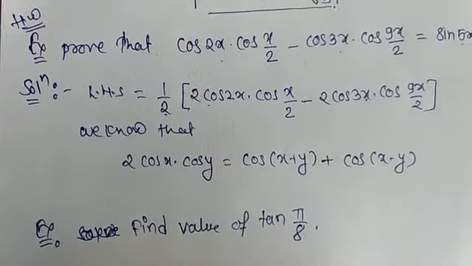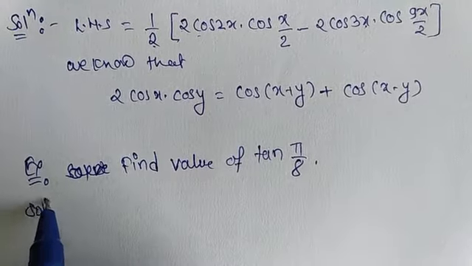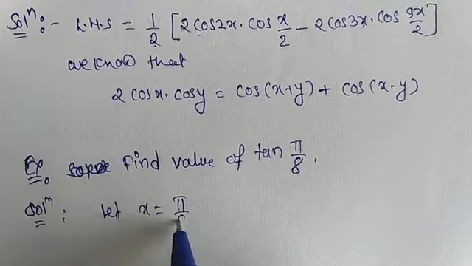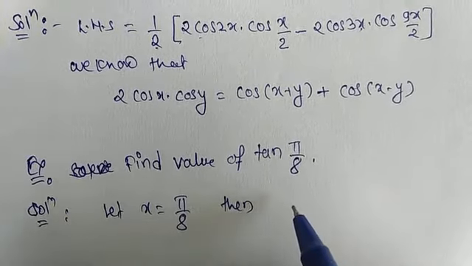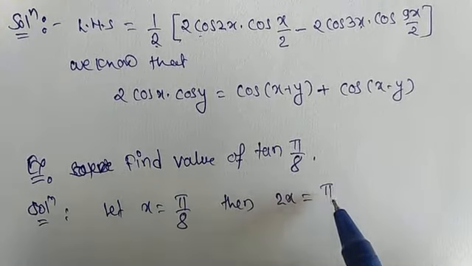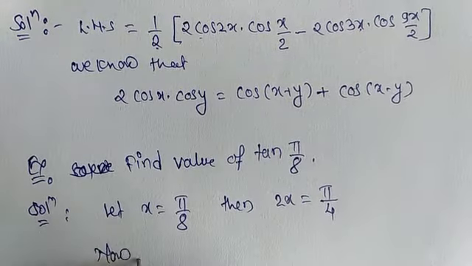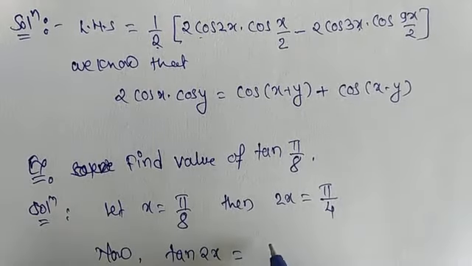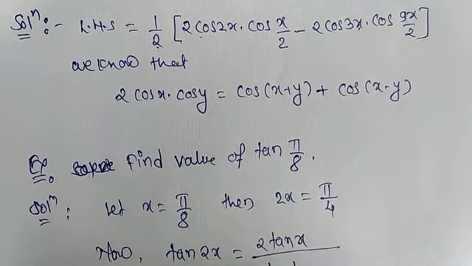Now consider the next example. Find the value of tan pi by 8. Now in solution, let x is equal to pi by 8. Then twice x can be written as pi by 4. Okay, now we know that tan of twice x can be written as twice tan x upon 1 minus tan square x.